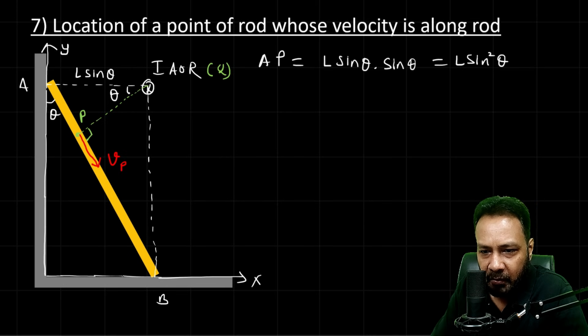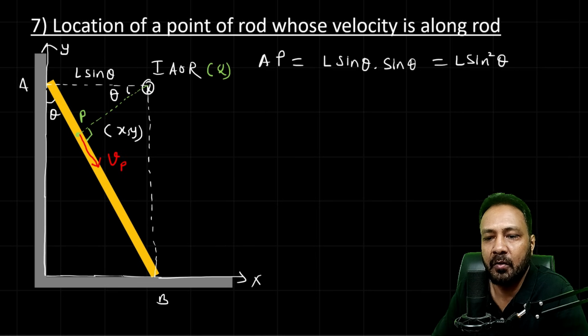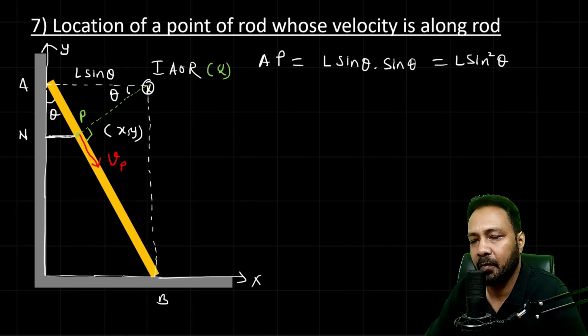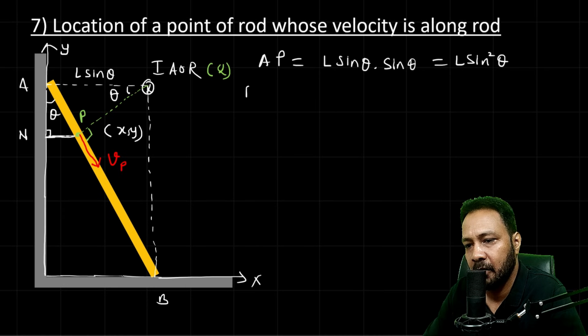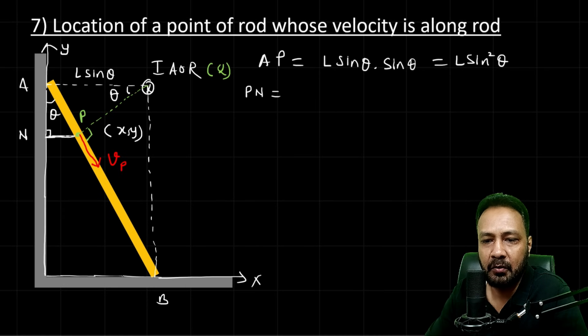So now if we got AP, and suppose this AP has coordinate x comma y, so obviously, let me join this, say this is N. So now Pn is equal to AP sine theta.